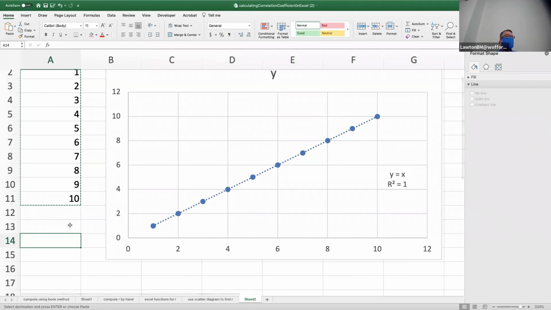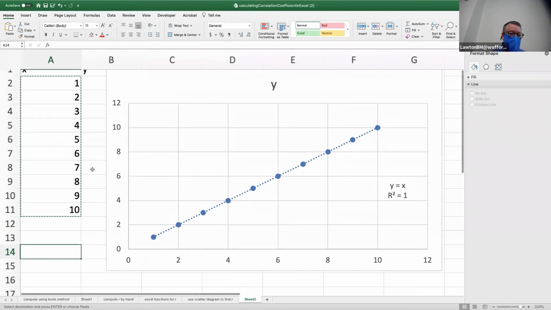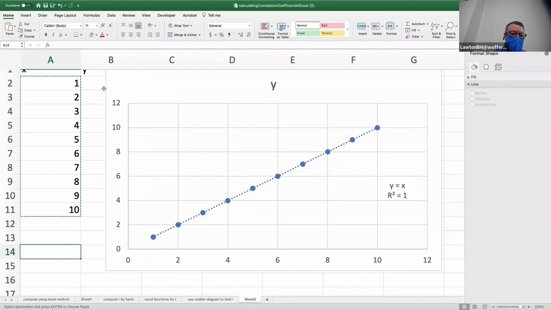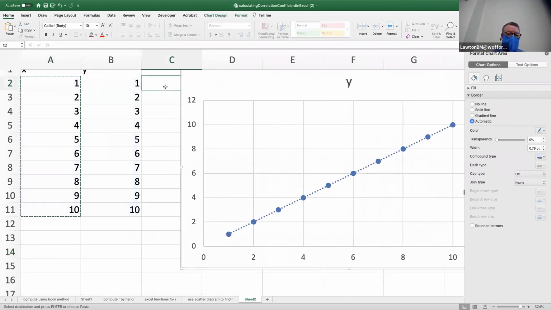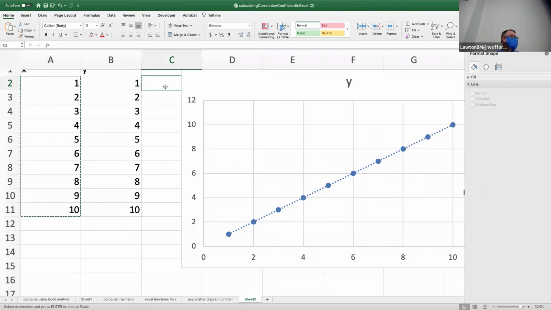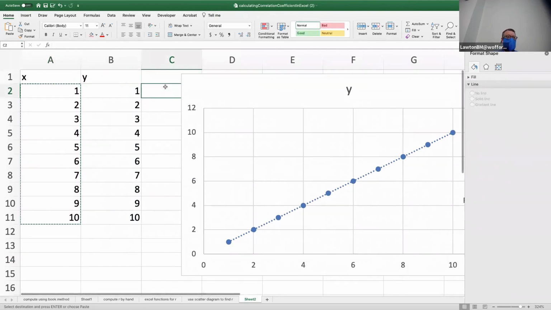So r squared is 1, which means 100% of the change in y can be attributed to the change in x. Everything lines up. That's true because what can you look at in my original number set? How do x and y relate to each other? They're the same, right? So yeah, 100% of y is related to x because they're the same.